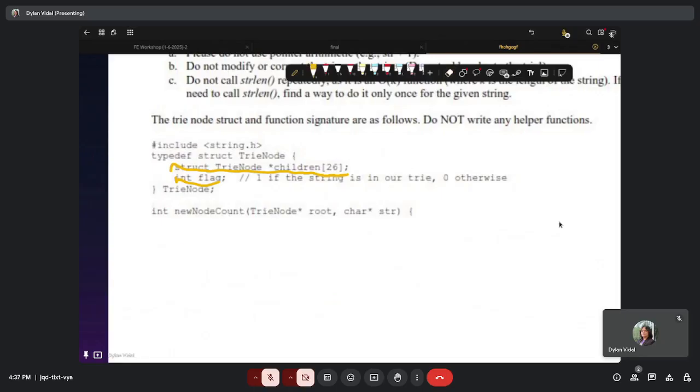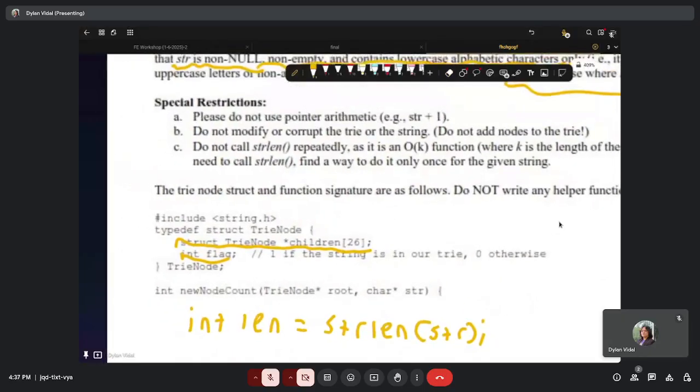So int len is equal to strlen of str. Now we have the length of our string in len, and we don't have to call strlen a bunch of times. That's what this restriction was.